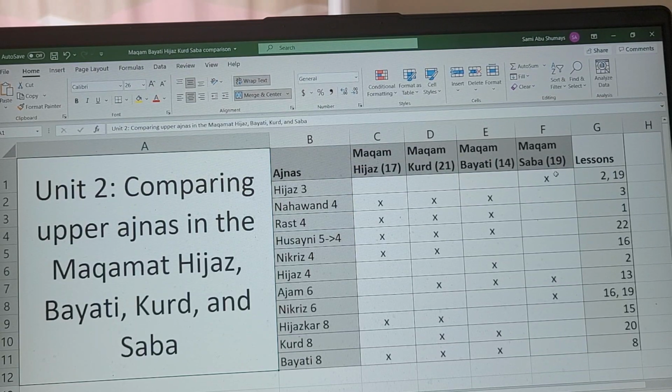Versus counting down in Saba: 6, 5, 4, 3, 2, 1. So you see that 4 makes all the difference. But in both cases, you have the Shabaka bisatayin from Adawiya.